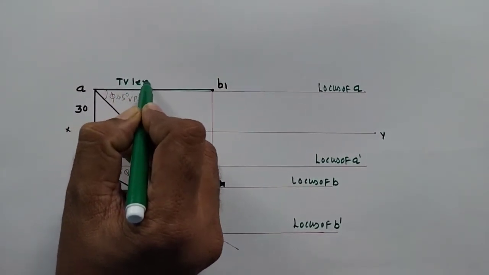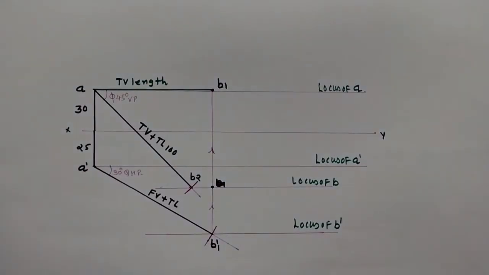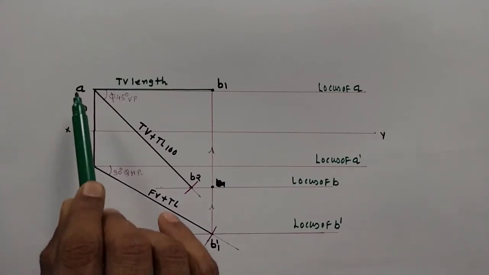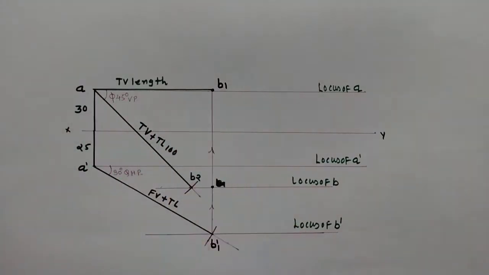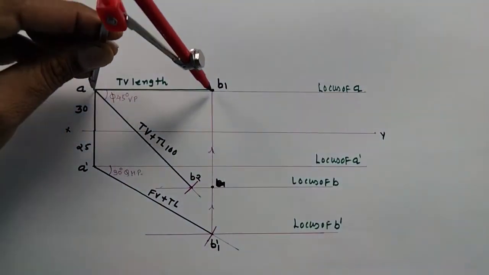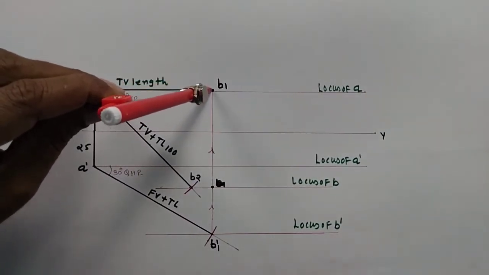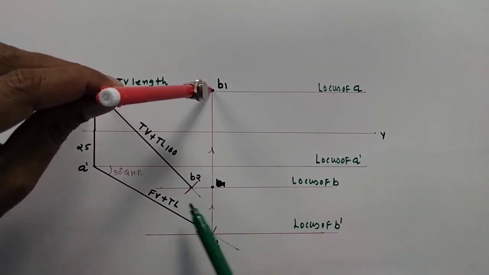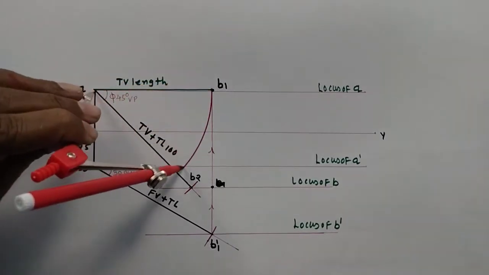So friends, here we completed the line inclined to HP. A dash B1 dash is your line inclined to HP with 30 degrees, and always its plan is parallel to the XY line. Now you rotate your top view length toward the locus of B. I am going to rotate.